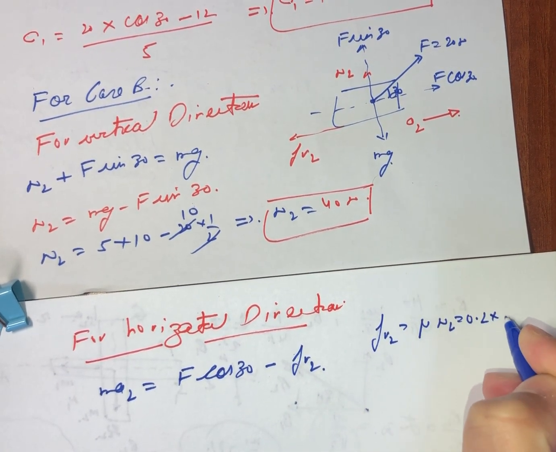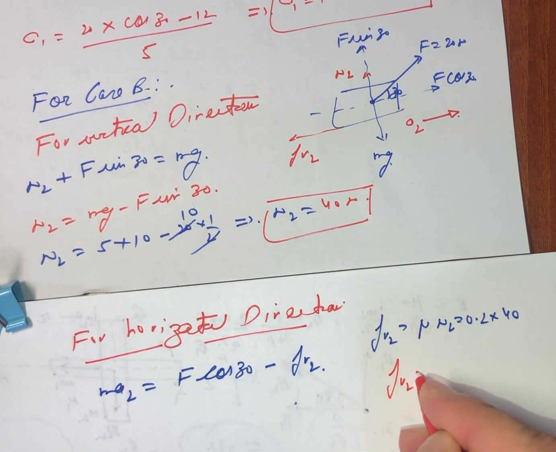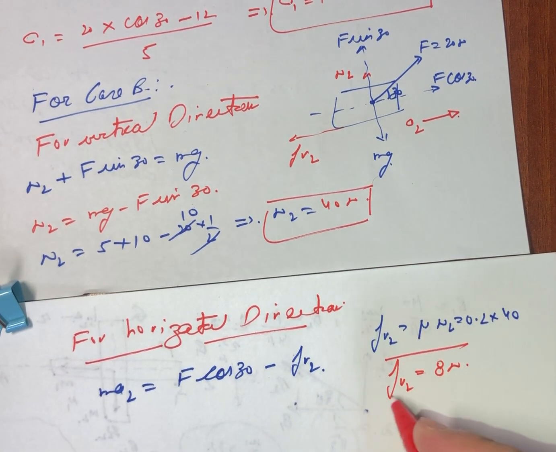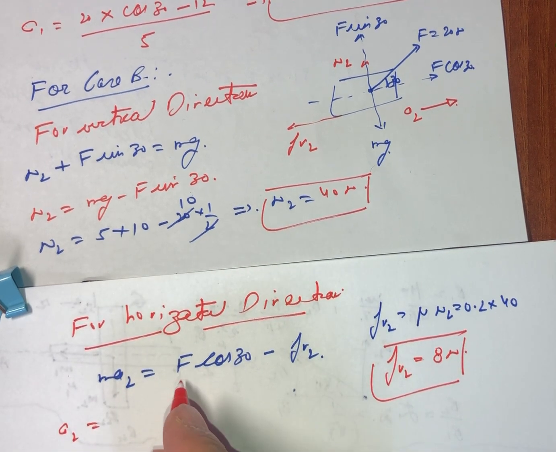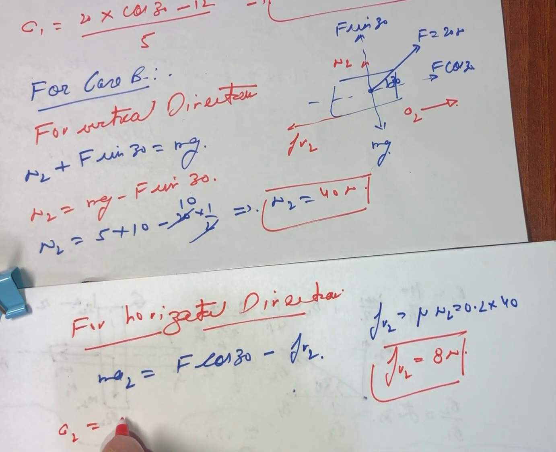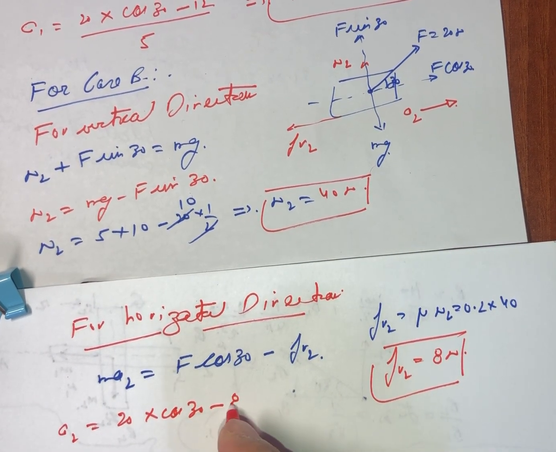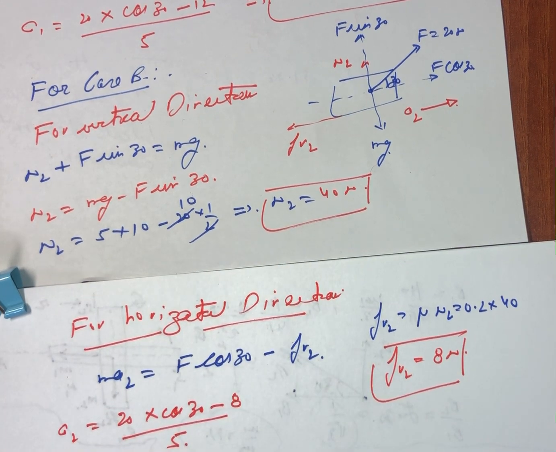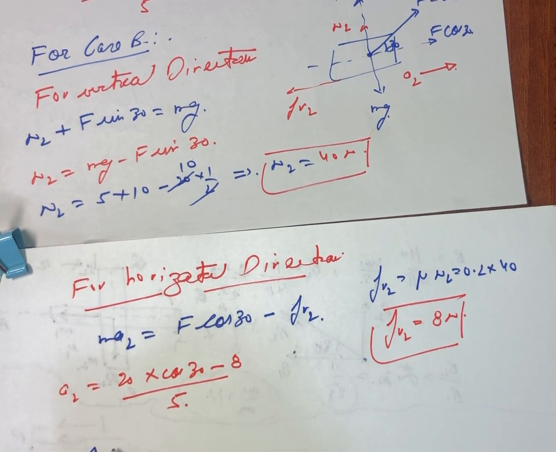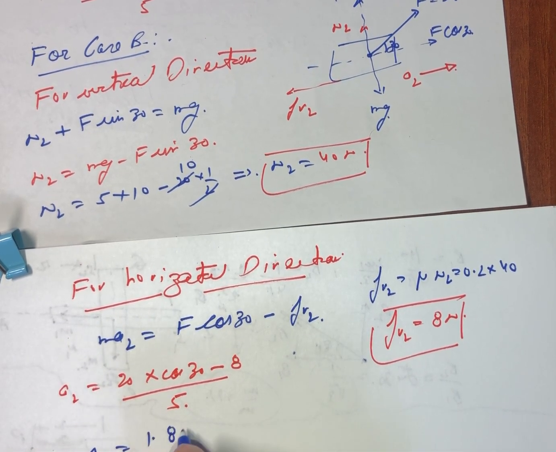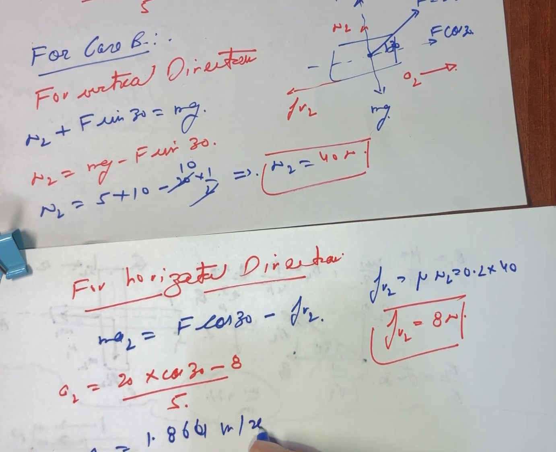Mu is 0.2, N2 is 40, so Fr2 is equal to 8 Newton. So a2 is 20 cos of 30 minus 8, divided by 5. So we get a2 equal to 1.864 meter per second square.